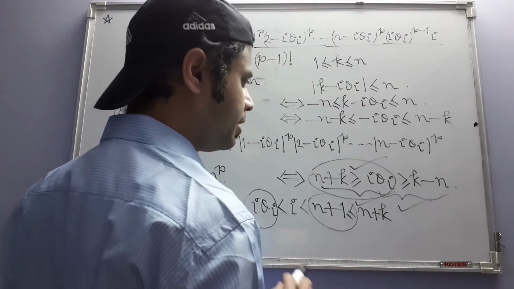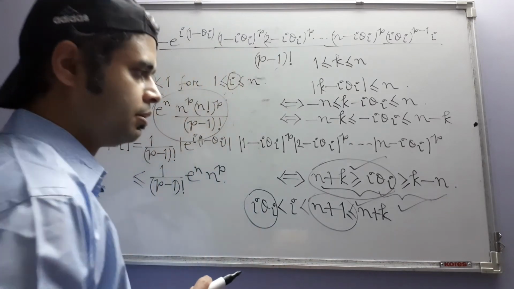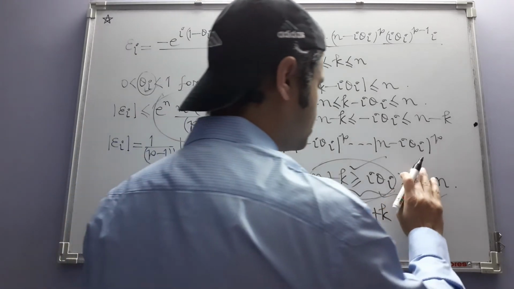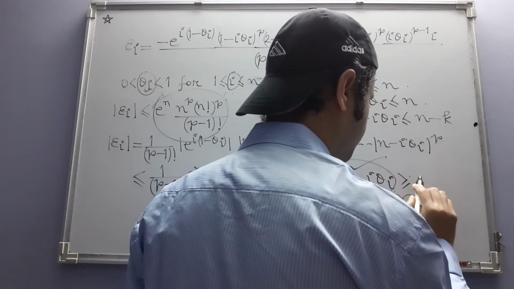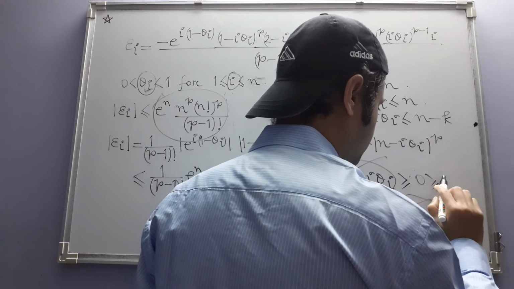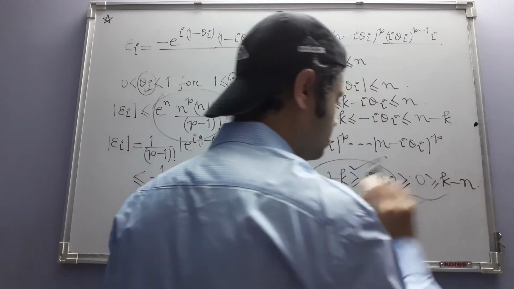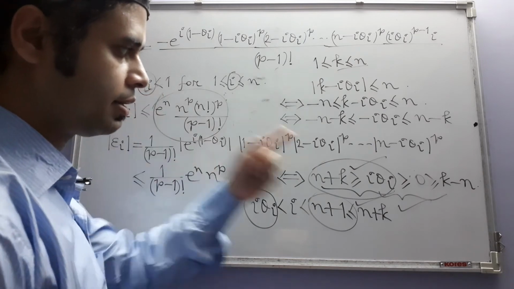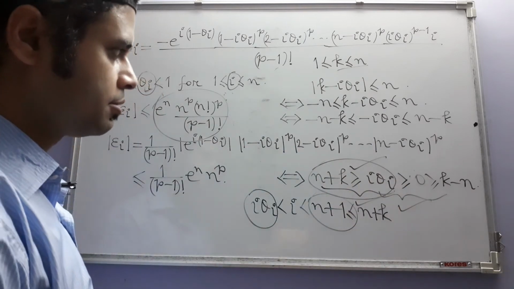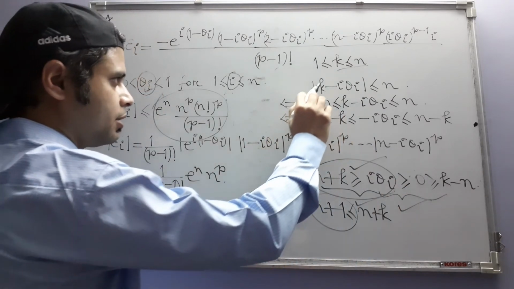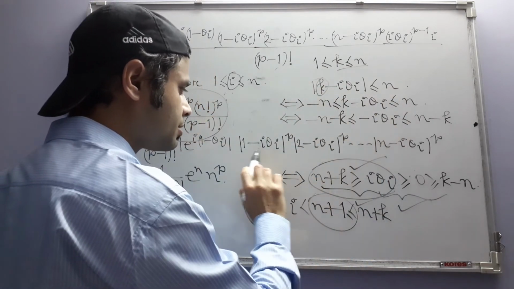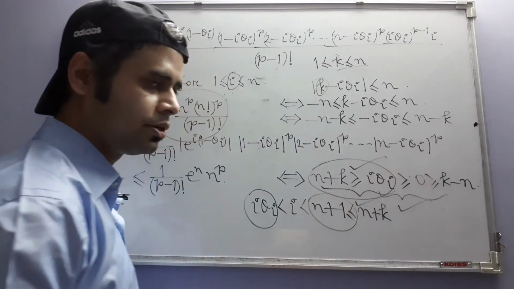So that means k minus n is non-positive. k minus n is less than or equal to 0 because of this inequality, and |θ_i| is positive. So it does not matter what we have here, we can write n in place of all of these absolute values.